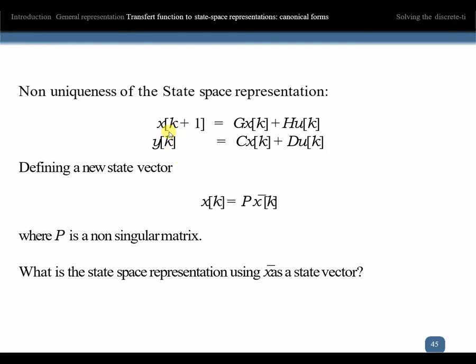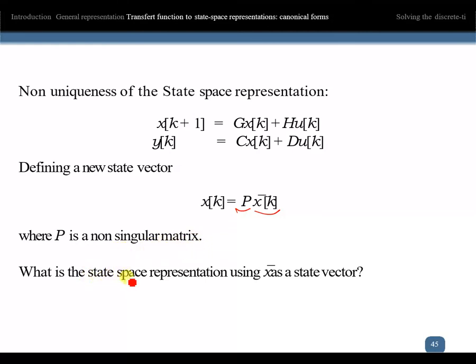Non-uniqueness of the state space representation. Definition of the new state vector: I can say, for example, xk becomes one matrix multiplied by x hat k. I can define the new state vector where xk equals P x hat k, where P is a non-singular matrix.